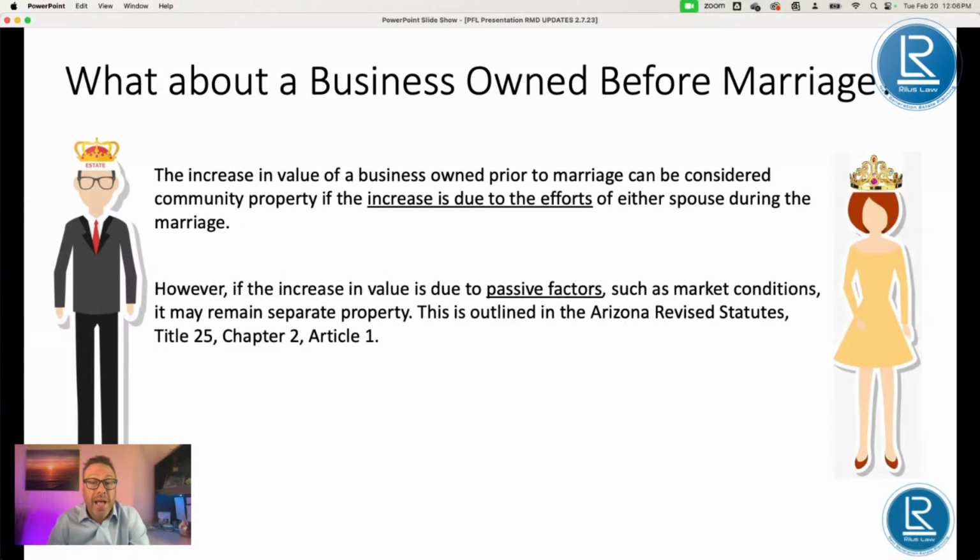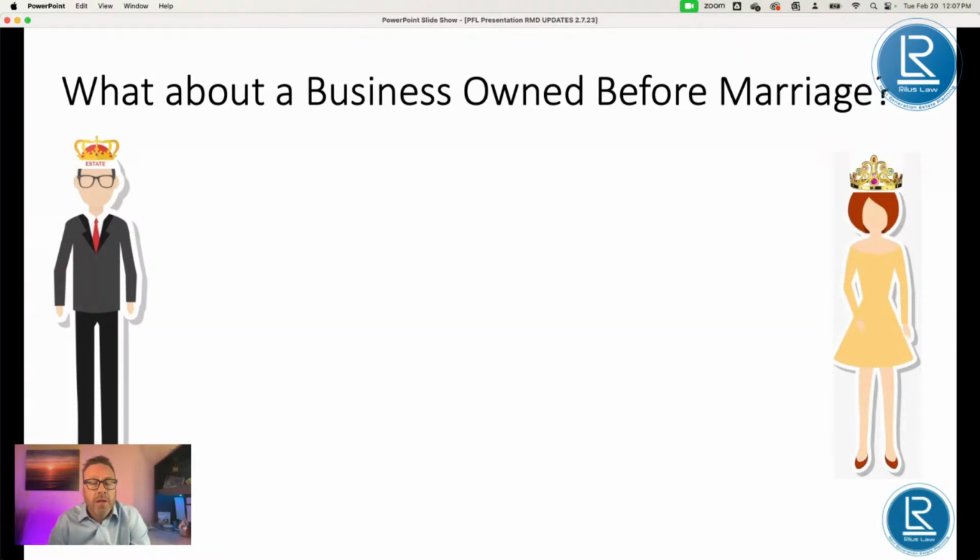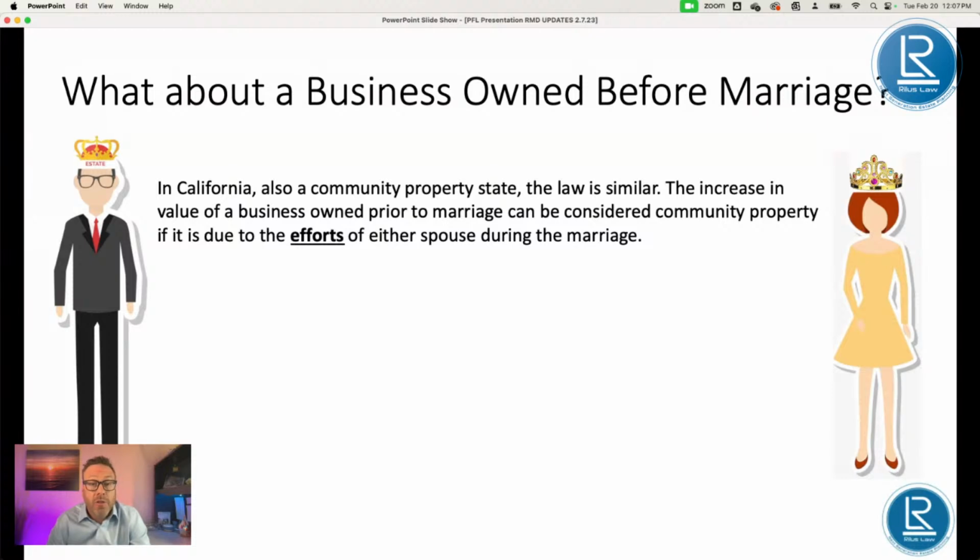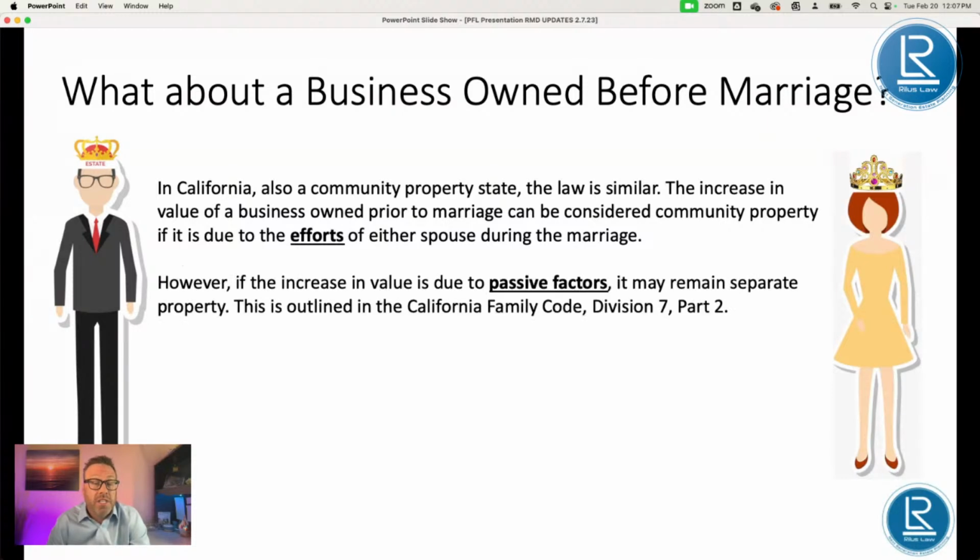But if it's more passive, then it's considered separate property. If it's just like owning a stock that you owned before the marriage and you didn't do any work, then it stays the separate property, those gains. Same thing in California. It's either the efforts they look at or if it's passive.